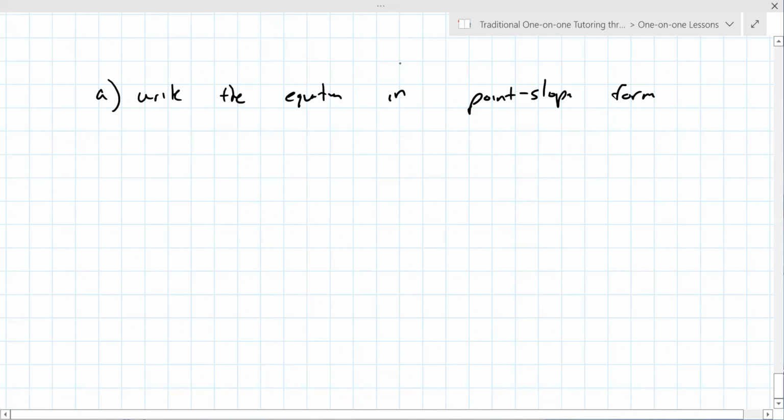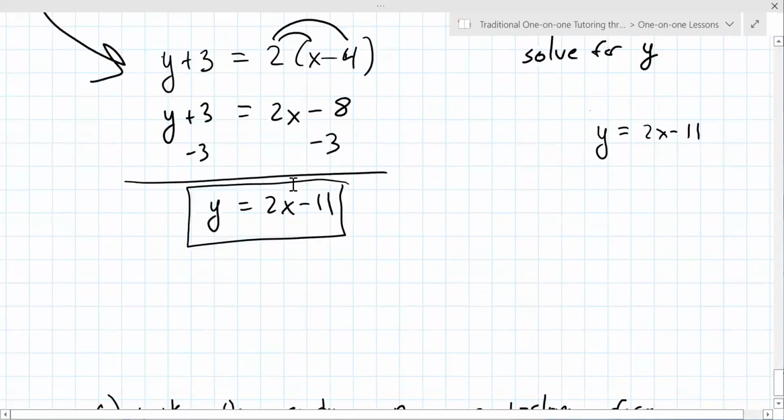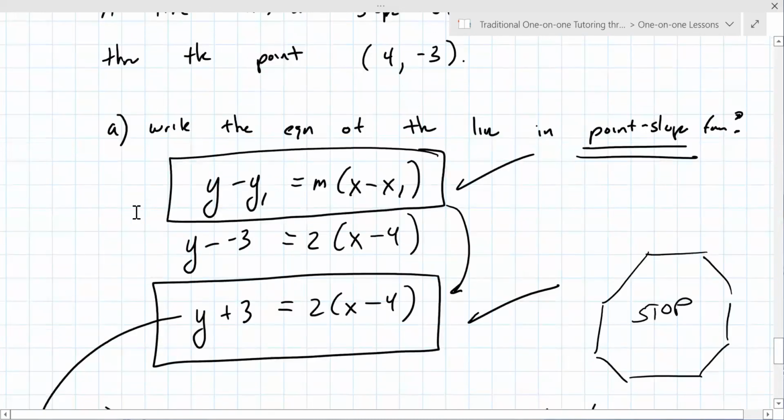Point slope form is... they're both kind of like the same. I wrote it all down. Can you just read this out loud for me so I know you're actually seeing my screen? y negative y comma equals m parentheses x minus x comma parentheses.